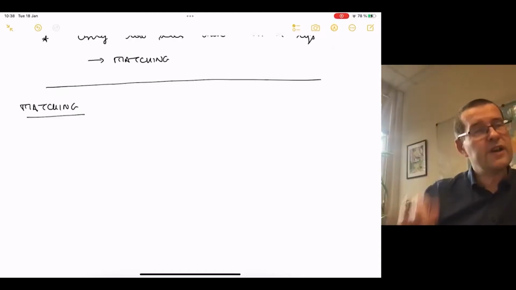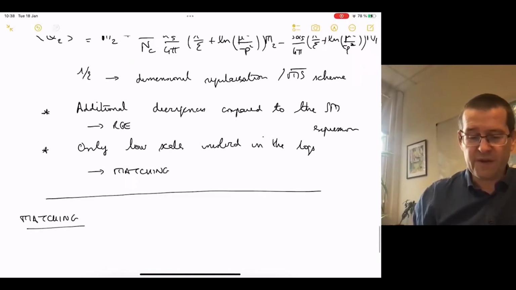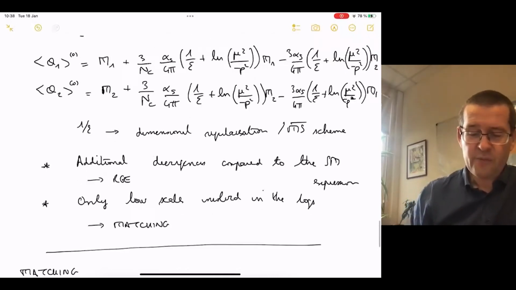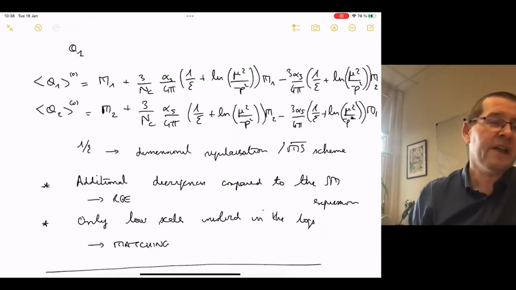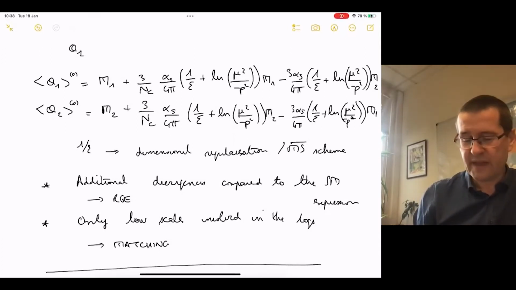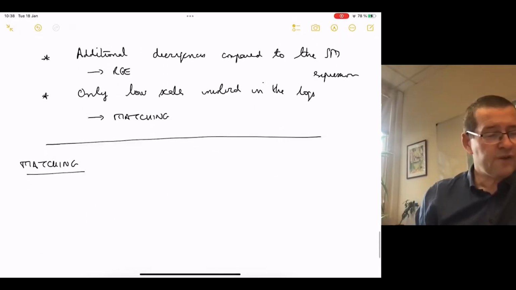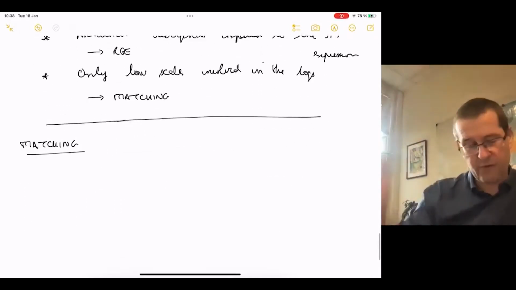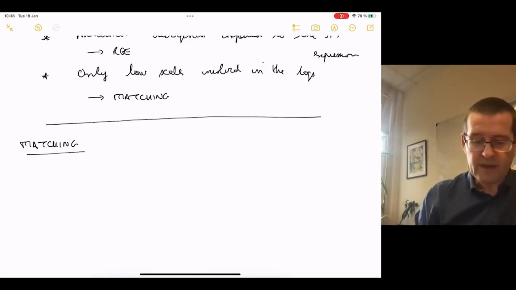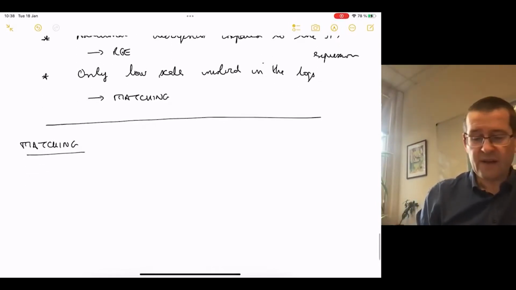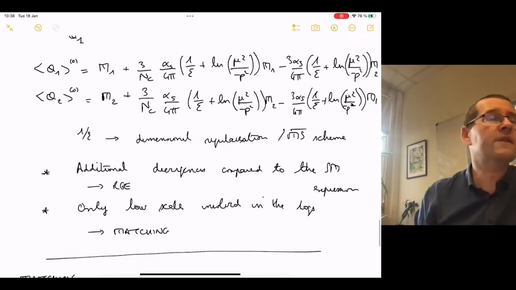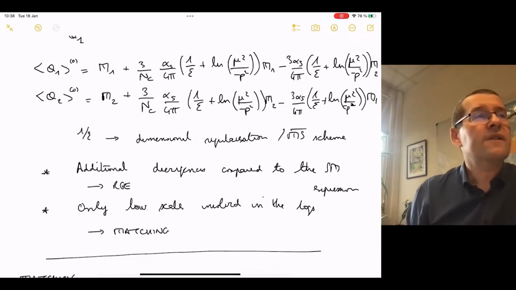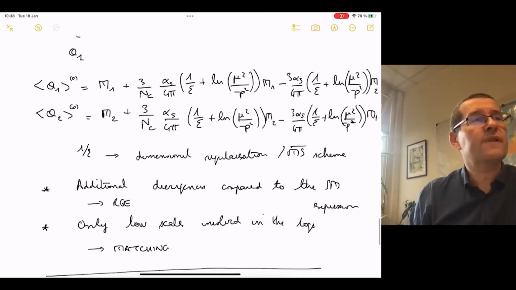I'm just forgetting for the moment the presence of these extra poles that are the signs of untreated divergences. I'm just focusing on the matching part, so I'm assuming that I can deal with them. Let's assume I know how to deal with those 1 over epsilon. What is the outcome of the comparison between the two?